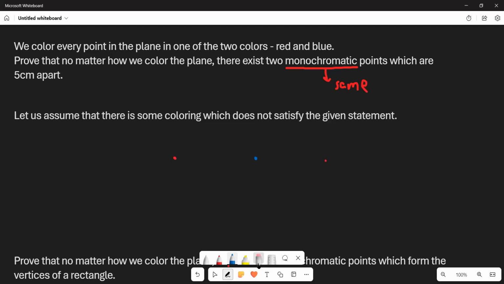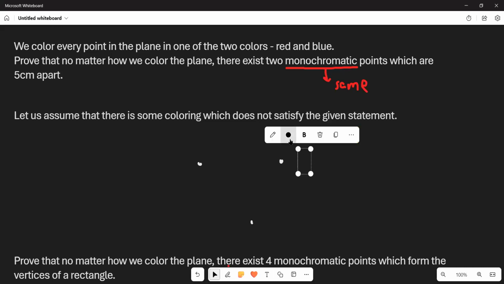What if we consider an equilateral triangle with side length 5 centimeters? So consider this, an equilateral triangle where each side is of length 5 centimeters.